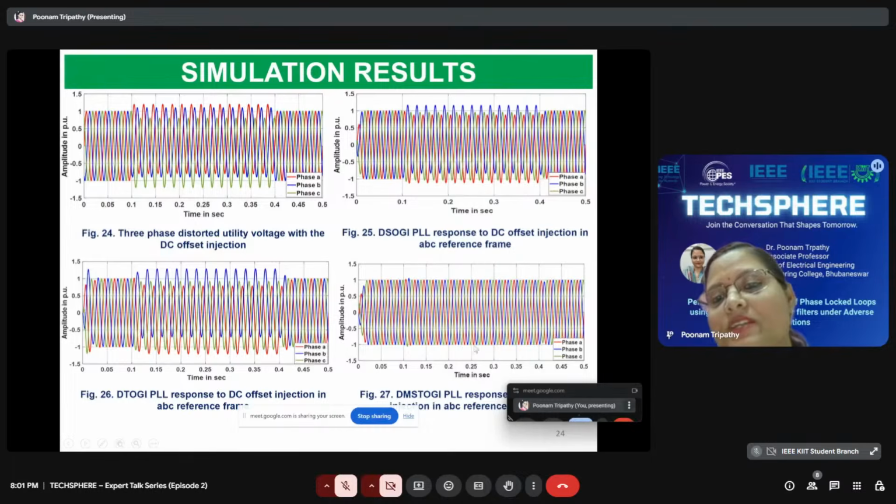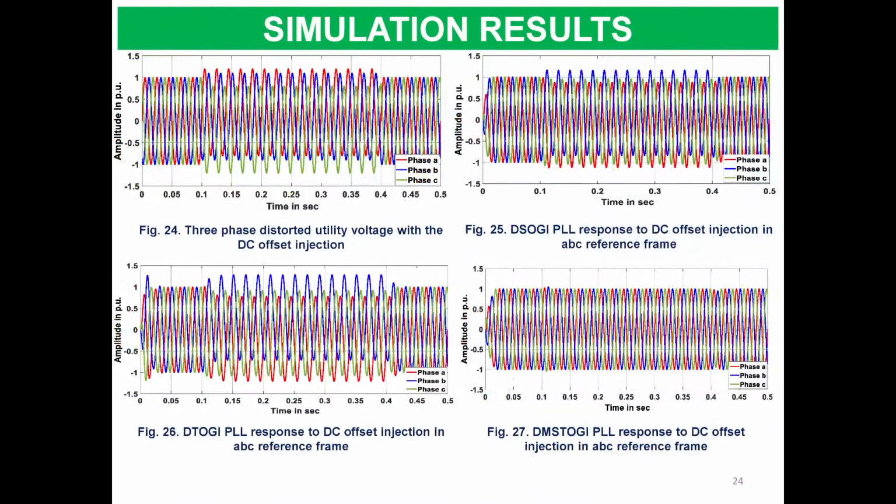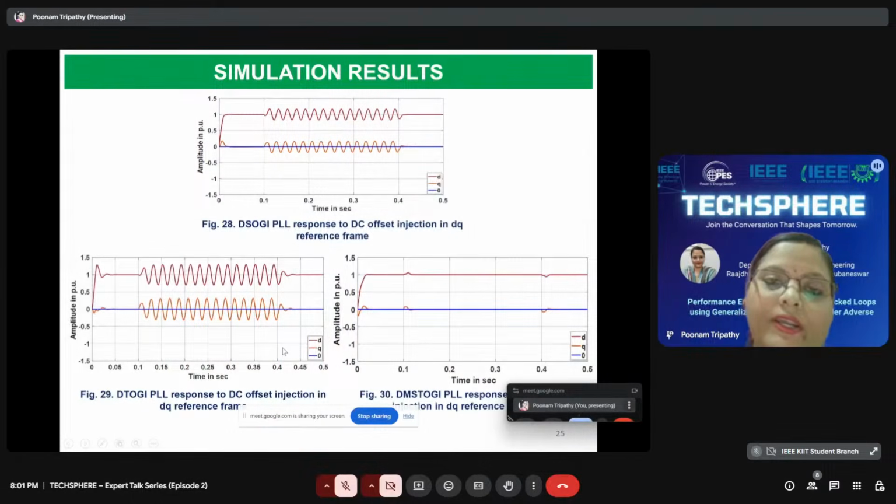But here comes the advantage of the DMS TOGI PLL, and it is accurately and precisely estimating the grid voltage magnitude by eliminating the effect of the DC offset whenever it is present in the grid. Similarly, these were the simulation responses of all three PLLs in the DQ reference frame, that is the synchronously rotating reference frame.